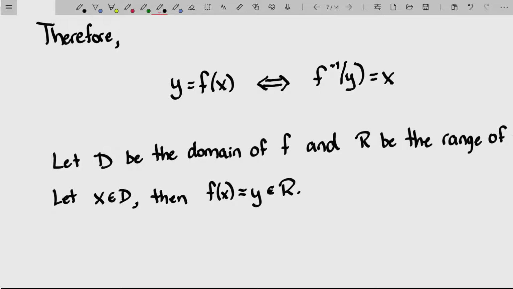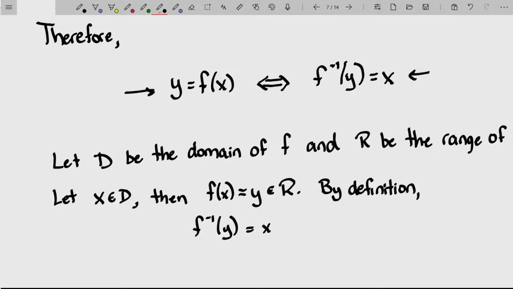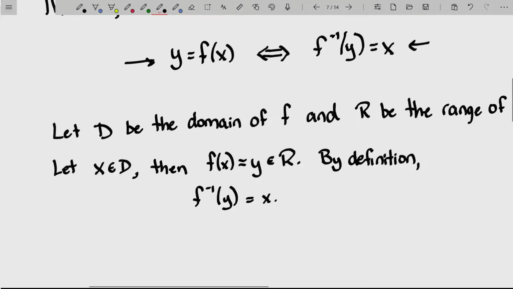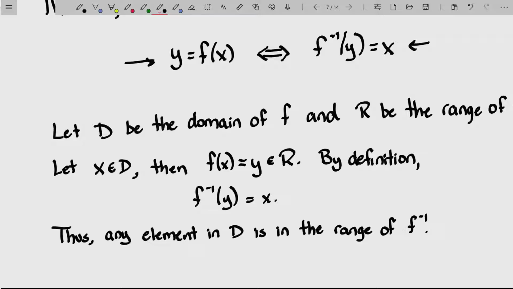But by definition, see above, this means that f inverse of y is equal to x. That's just from this statement right here. I didn't really change anything. Thus, any element x from the domain ends up being in the range of f inverse.